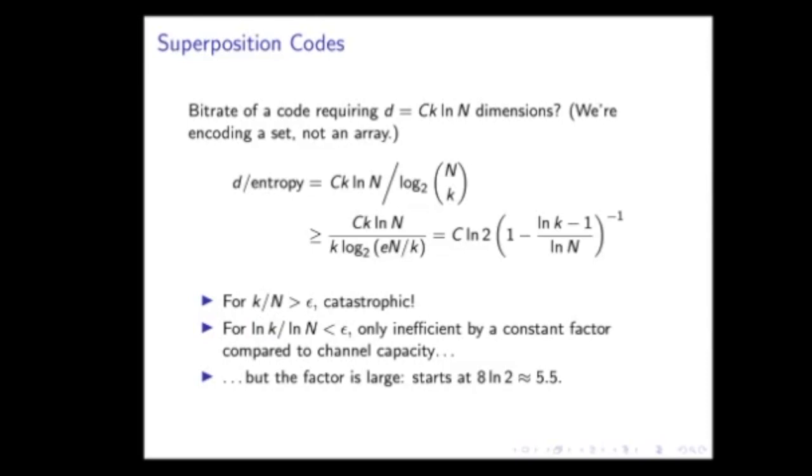Because it's as if I'm paying for the order of my elements, and I'm not encoding that. On the other hand, when k is very, very small compared to n, so when log k is a small fraction of log n, okay, I can no longer make this claim that I have actually catastrophic inefficiency. I just have some constant factor of inefficiency.